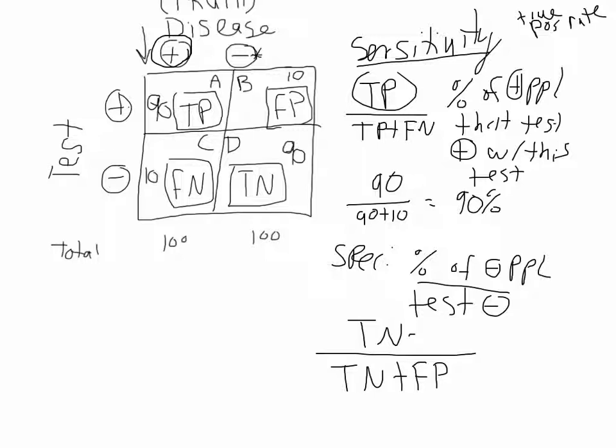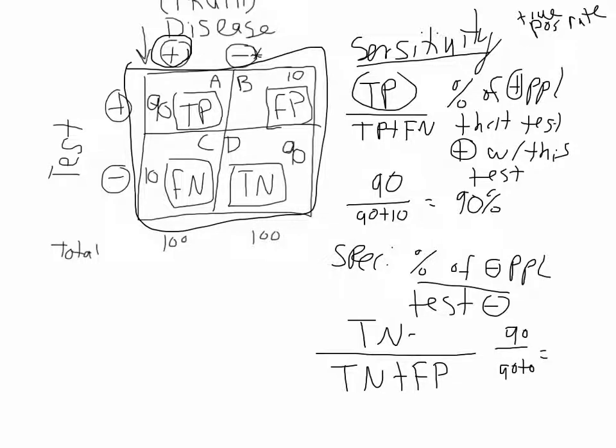It does not tell you the true negative rate of the entire population. So it's kind of a misnomer. So here again, I would do my true negatives, 90 over 90 plus 10 equals 90%. So 90% of people with this test that are negative will also test negative.